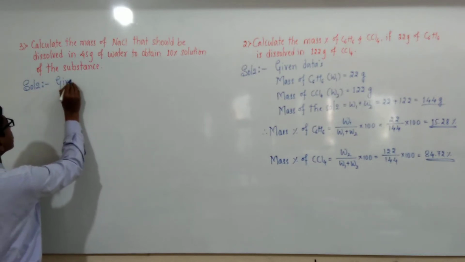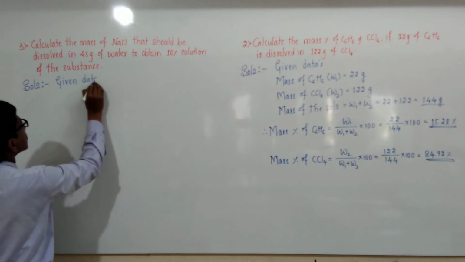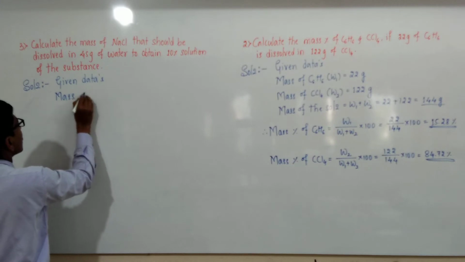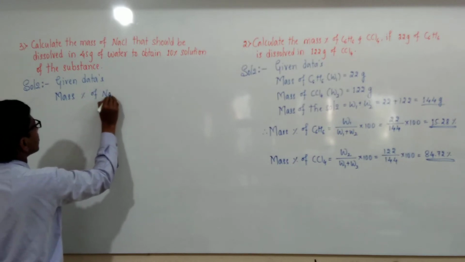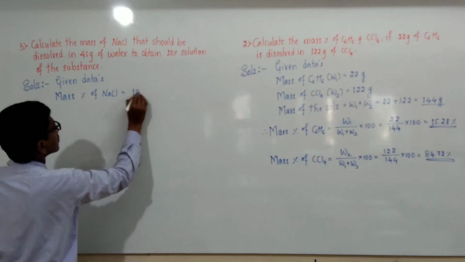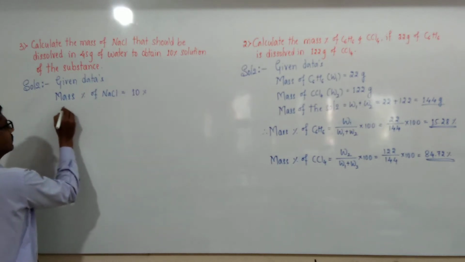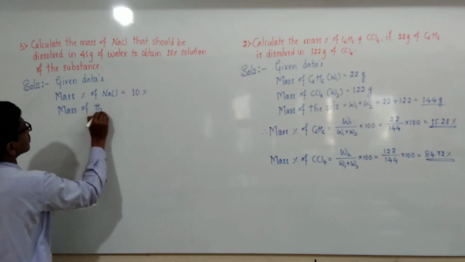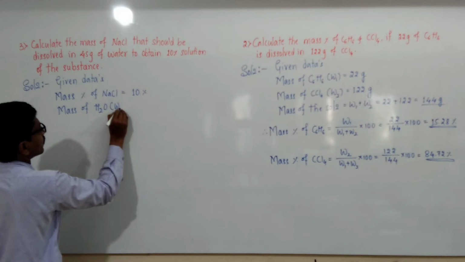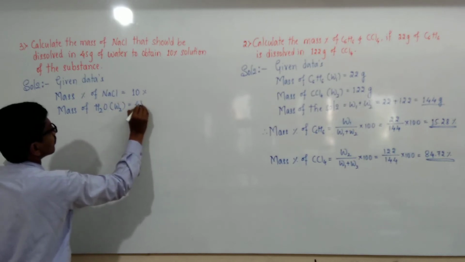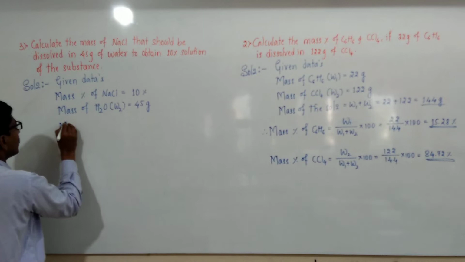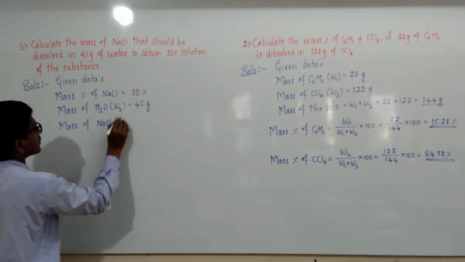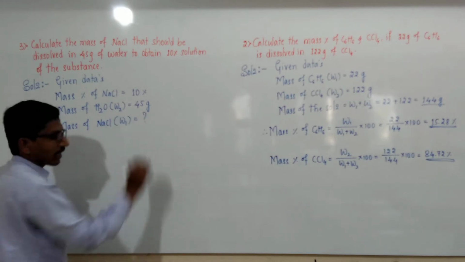Given data: mass percentage of NaCl is 10%, mass of water W2 is equal to 45 gram, and we have to calculate mass of NaCl, that is W1.